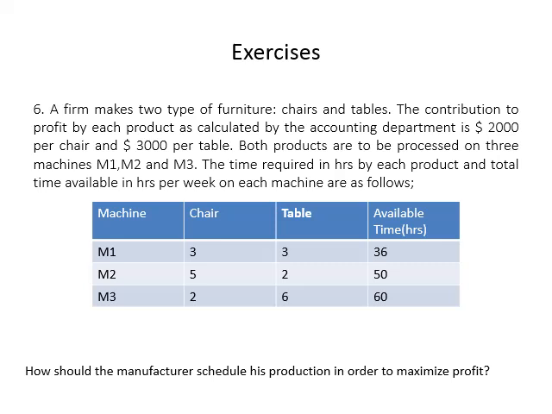The time required in hours by each product and total time available in hours per week on each machine are as follows. How should the manufacturer schedule his production in order to maximize profit?